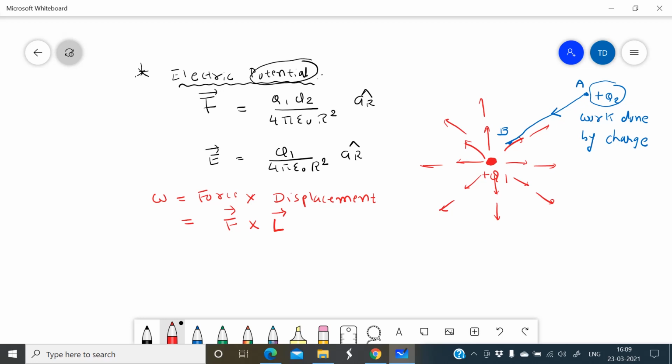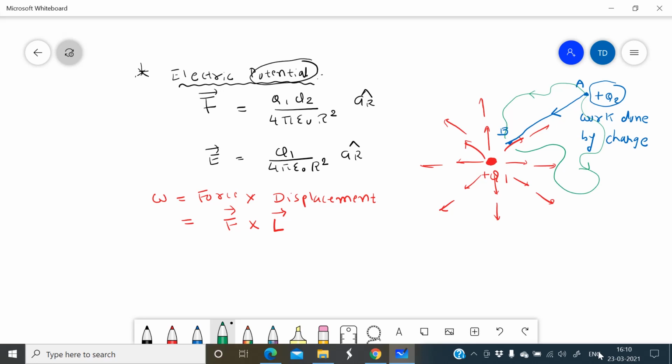Now, I have drawn this blue path here, but the path may be anything. It could be a path like this, or something like this. So actually the path is in any random shape.